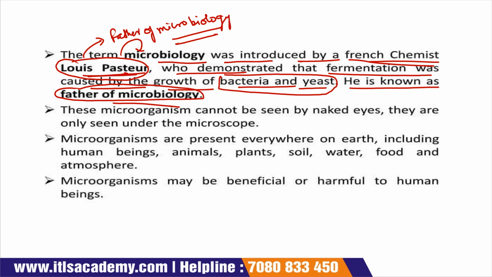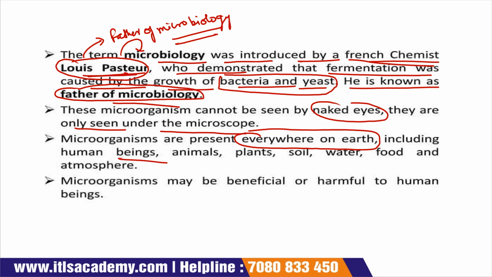And these microorganisms cannot be seen by the naked eye. They are only seen under the microscope, and they are present everywhere on the earth. If you are sitting here now, there are a lot of microorganisms present in your surroundings, including human beings, animals, plants, soil, water, food, and atmosphere.